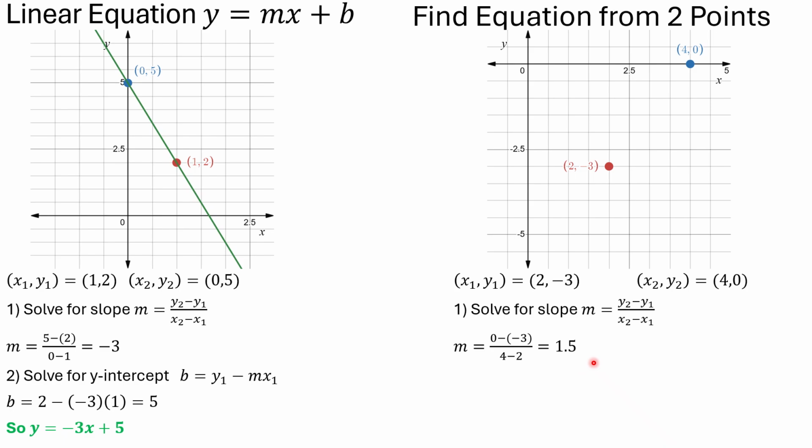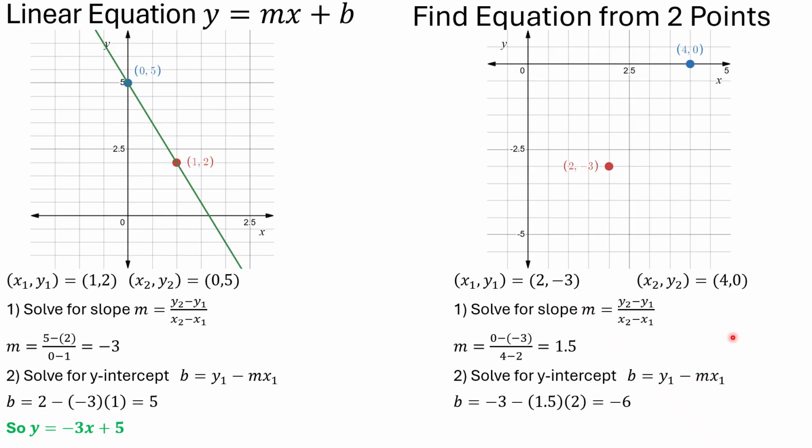Okay, now we're going to solve for the y-intercept b. Again, I can choose point 1 or point 2. It might be a little bit faster if I chose point 2, because then the y term will go to 0, but I'll let you solve that one on your own to check. I'm going to use point 1 in this case. So y1 is -3, our slope is 1.5, and x1 is 2.